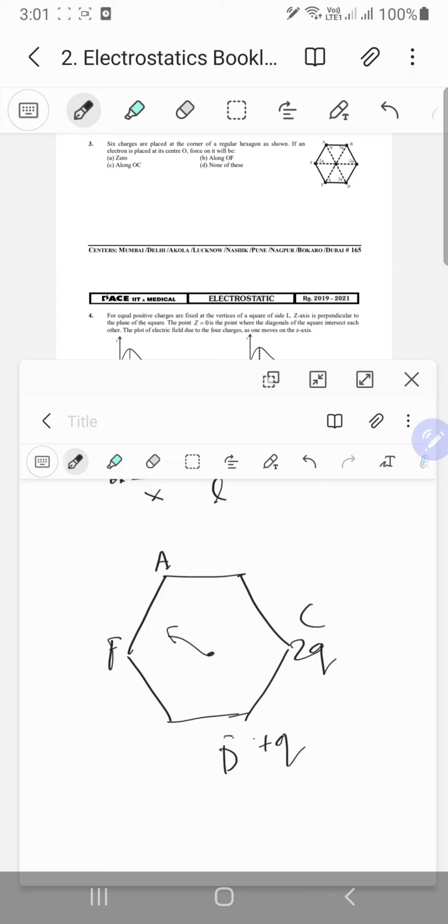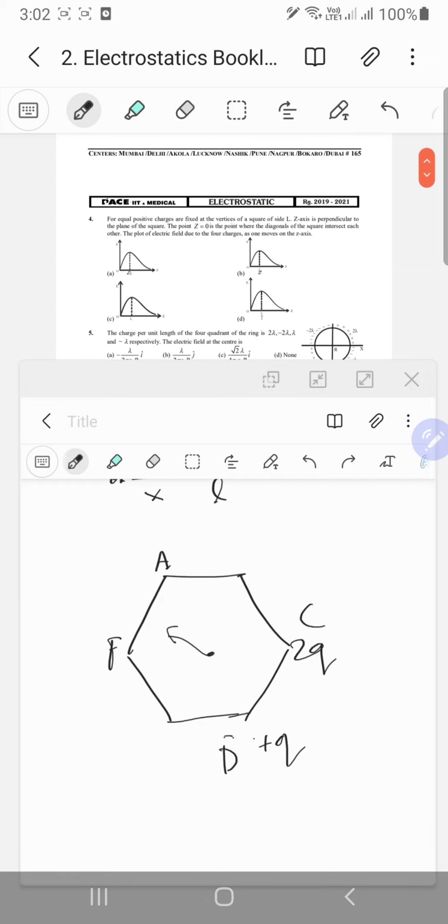So it's along OF. No, it's not exactly, it's in between this region. Along OC? No, that doesn't look correct. 0? No, it's not 0. None of these, it must be none of these.